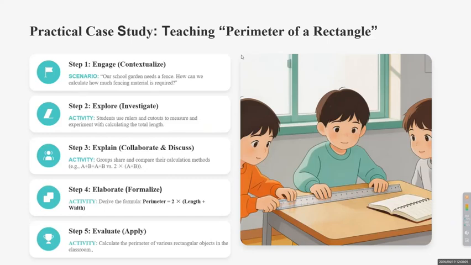Then comes step 3, explain. Students work in groups to share and compare their calculation methods.